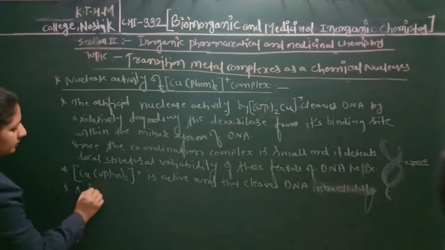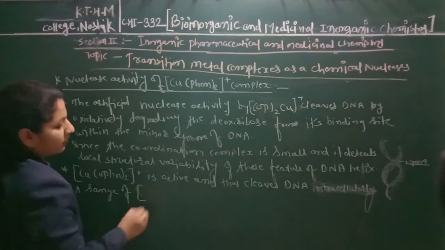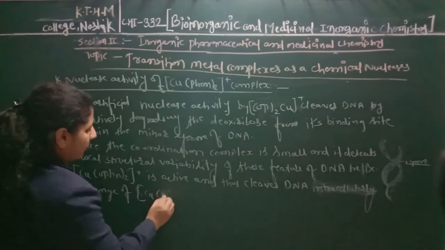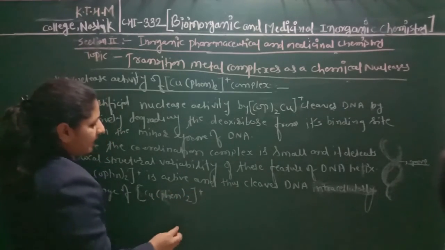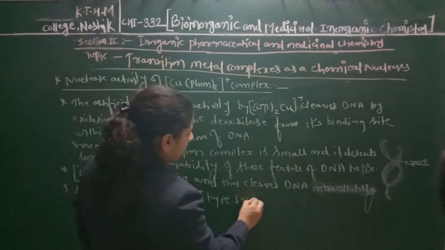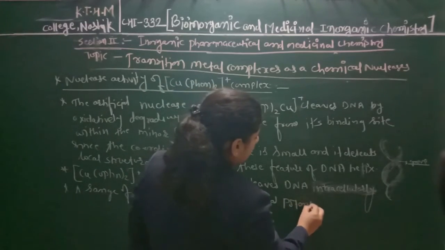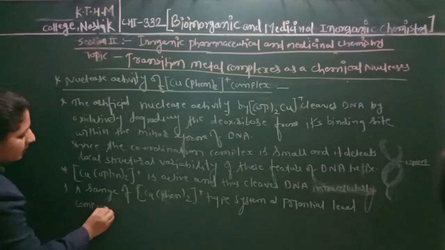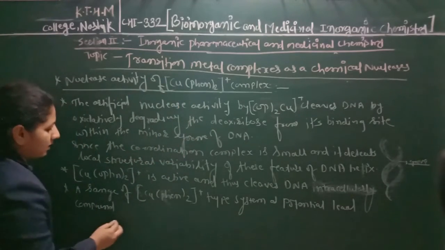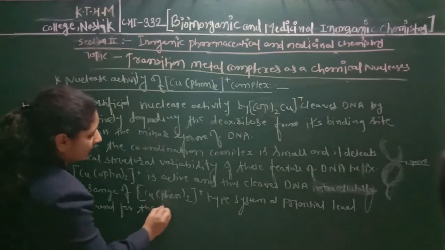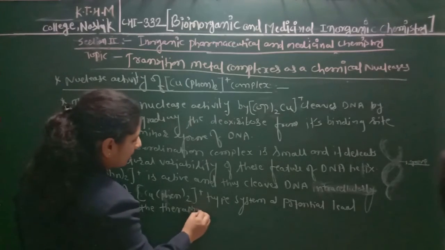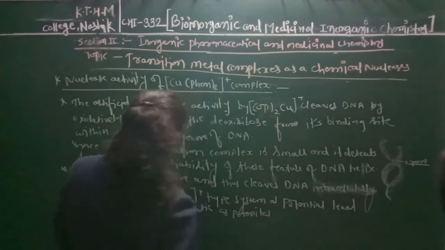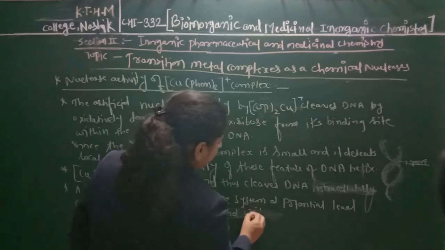Now a range of various copper phenanthroline complexes, including the copper phenanthroline complex type cysteine, are potential lead compounds for therapeutic and biochemical application.